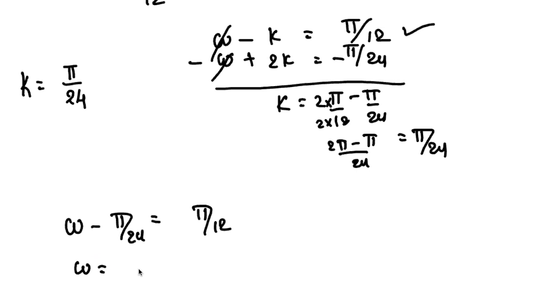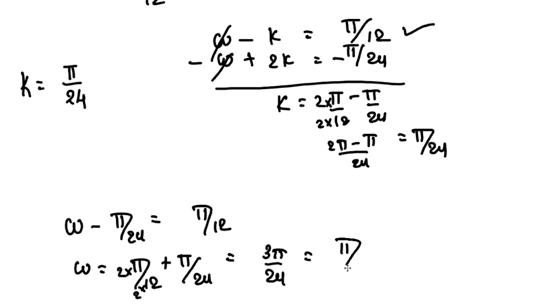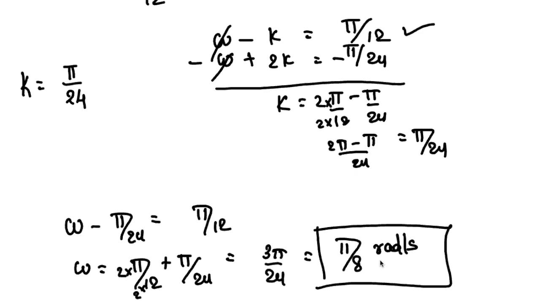So omega equals pi by 12 plus pi by 24, that is 2 pi plus pi, that is 3 pi by 24, which is nothing but pi by 8 radian per second. So we have got omega equals pi by 8 radian per second and k equals pi by 24.